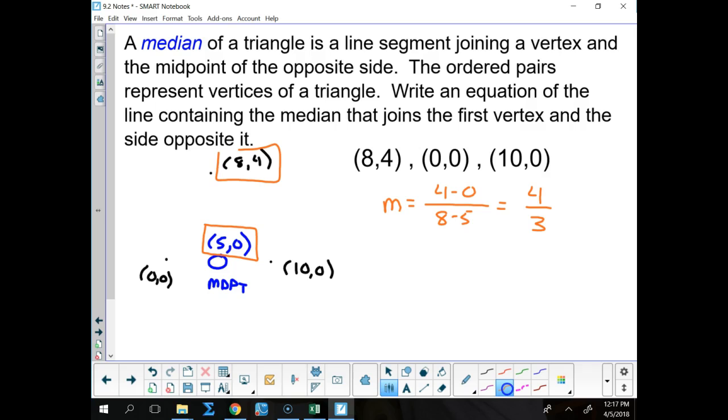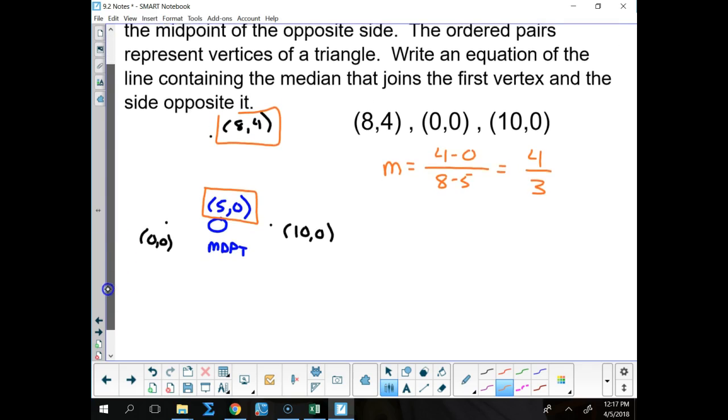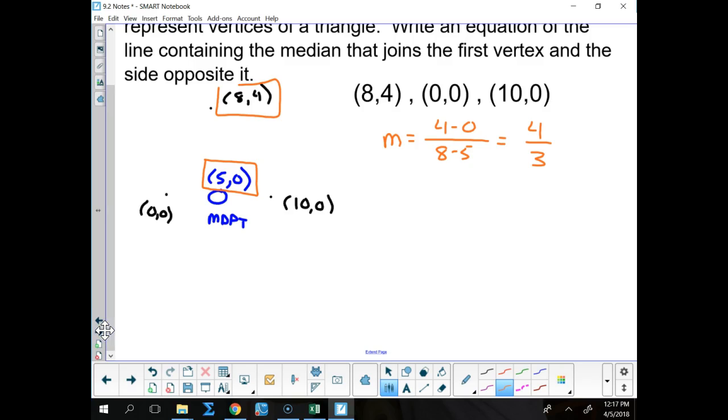So which point do you want to use? 5, 0? Okay. I'm okay with it. Y minus 0 equals 4/3 times x minus 5.